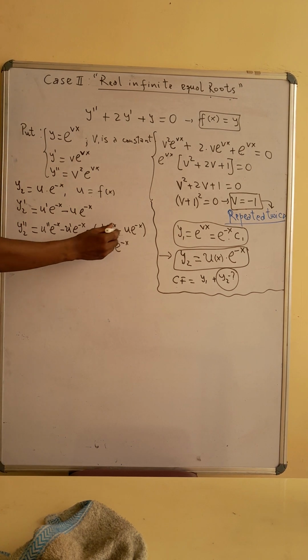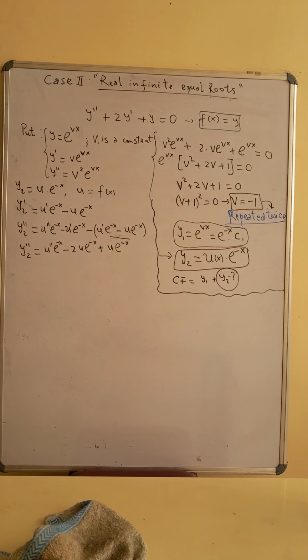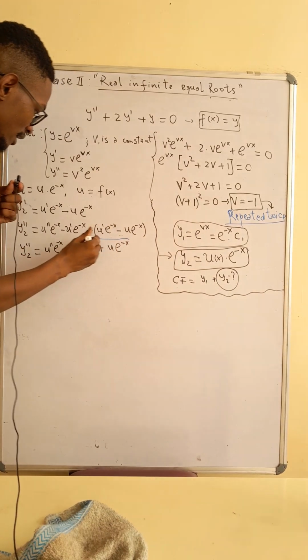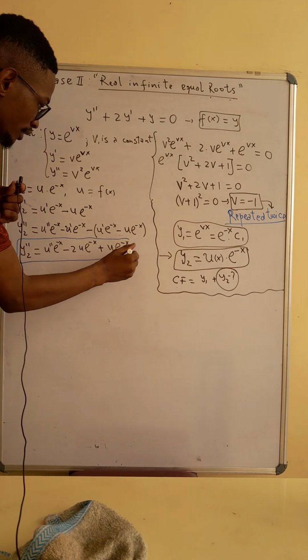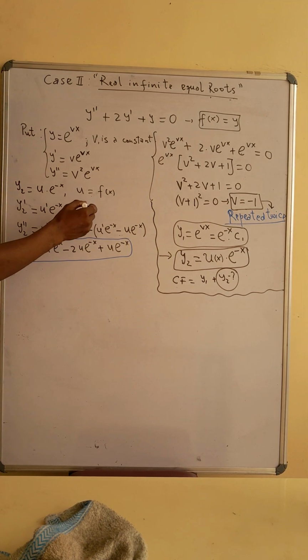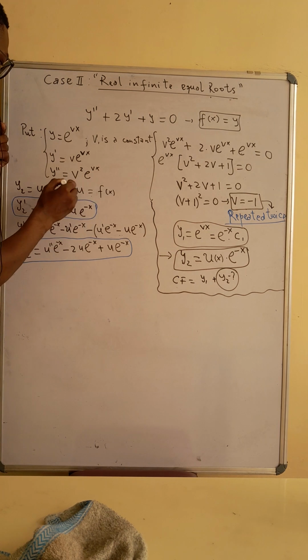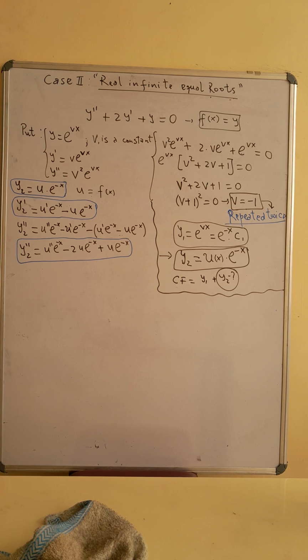Okay, now that I found what my y2 double dash is, and what my y2 dash is, and now that I know what y2 is, all I have to do is substitute. I will just substitute this in this.